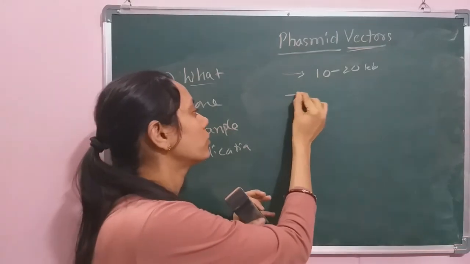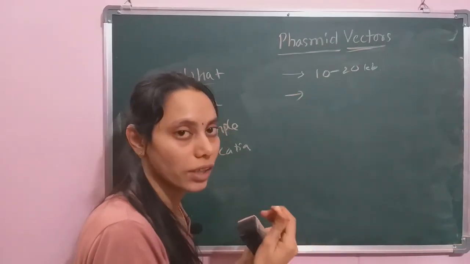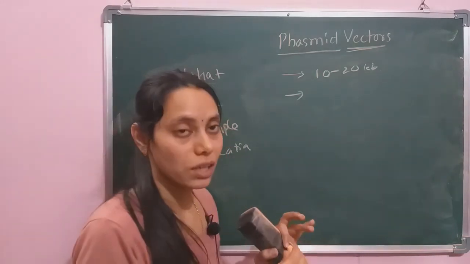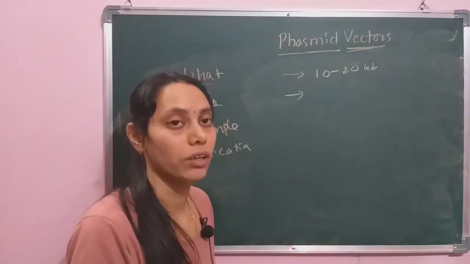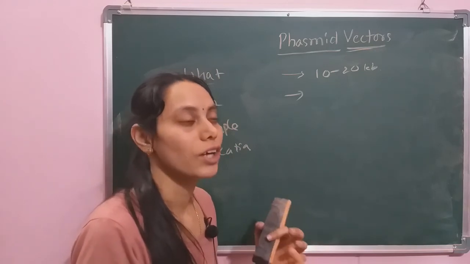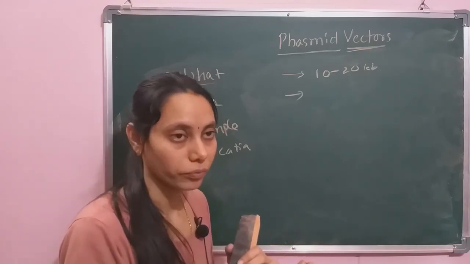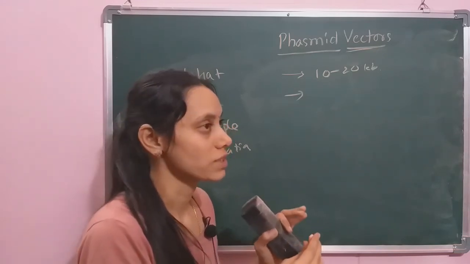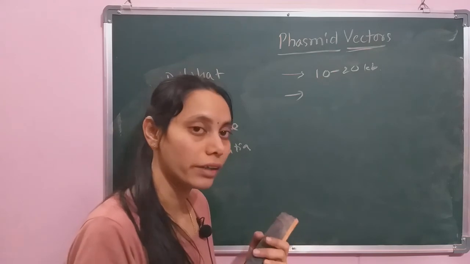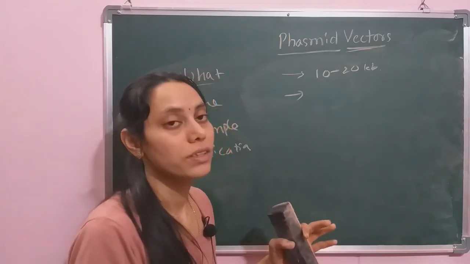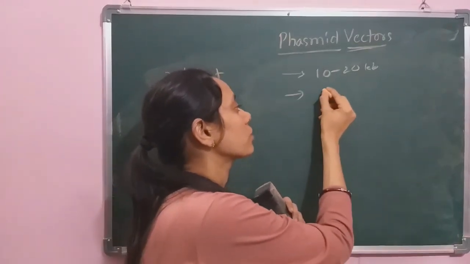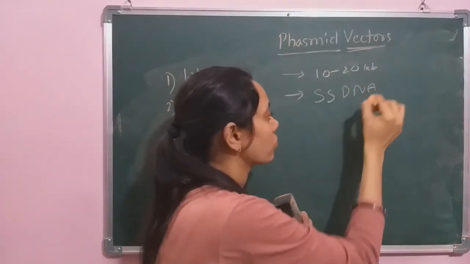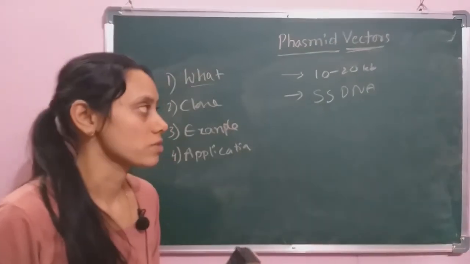And also, as it has single-stranded DNA replication, for processes in which single-stranded DNAs are needed, that means gene sequencing and genomic DNA libraries, we can directly obtain these single-stranded DNAs from these phasmid vectors. So that is the main importance of the phasmid vector.